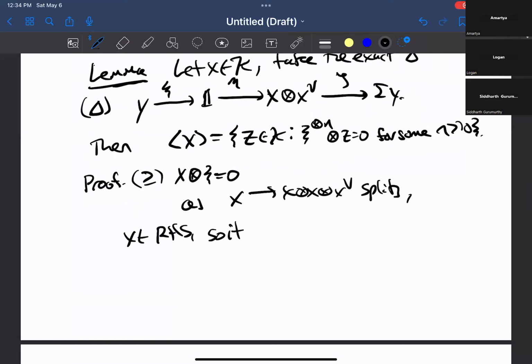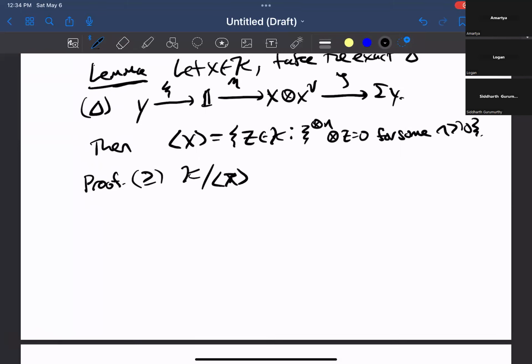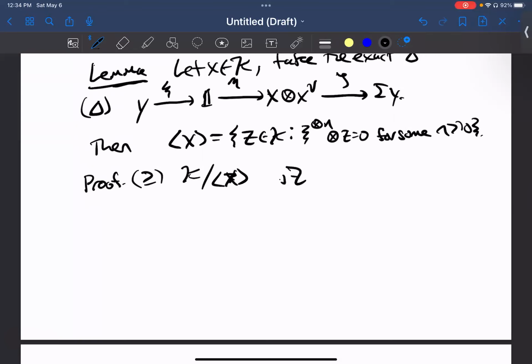Oops, wrong way. Rather, I should say, yeah, messing myself up. This is the next part. Instead here, what we can do is we can take the quotient by this ideal generated by X, and we're going to look at Z mapping in here.